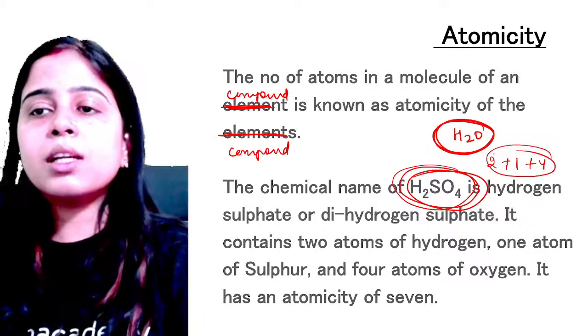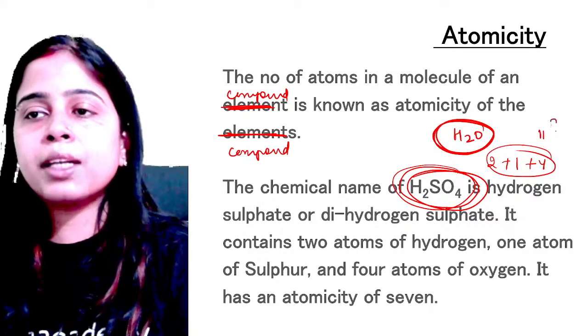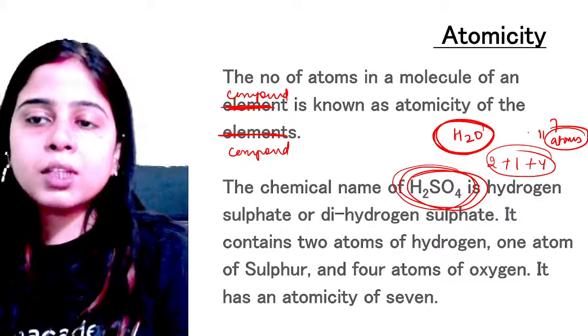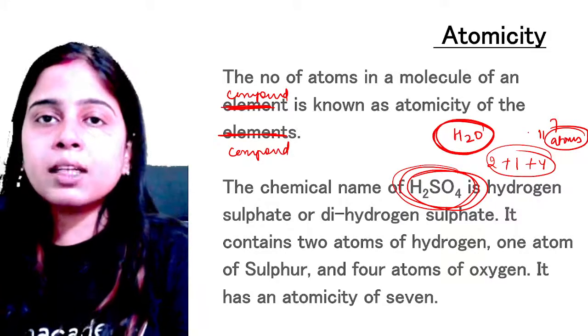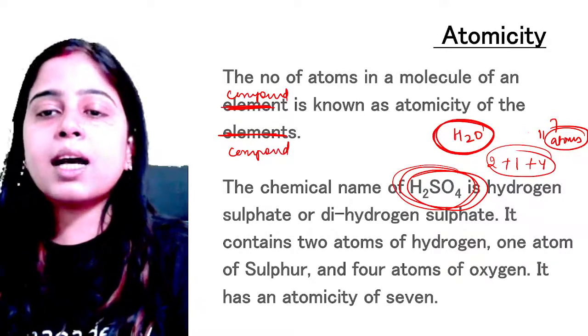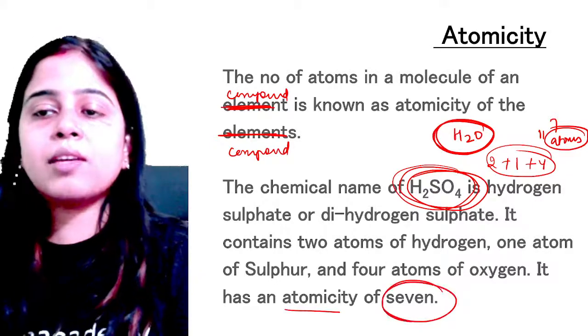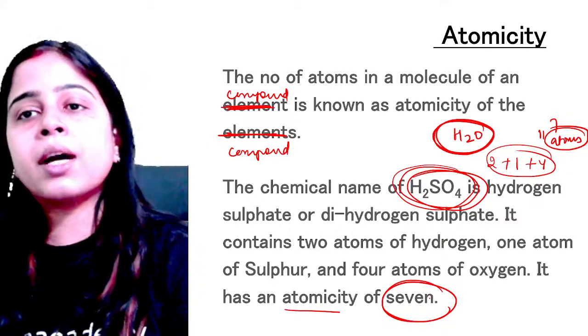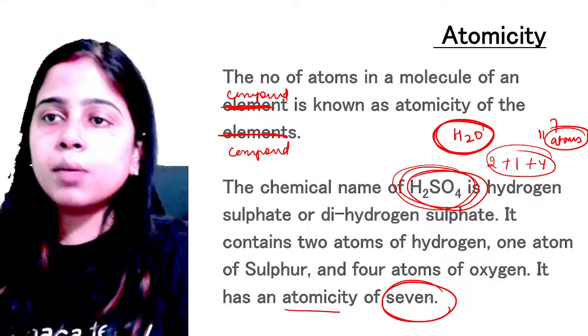That means total if I calculate, I am getting 7 atoms. So that means one molecule of sulfuric acid consists of 7 atoms together of hydrogen, sulfur and oxygen. That means it has an atomicity equal to 7. Okay, this is the meaning of atomicity, like how many atoms are combining together to form a molecule of a compound. Clear?